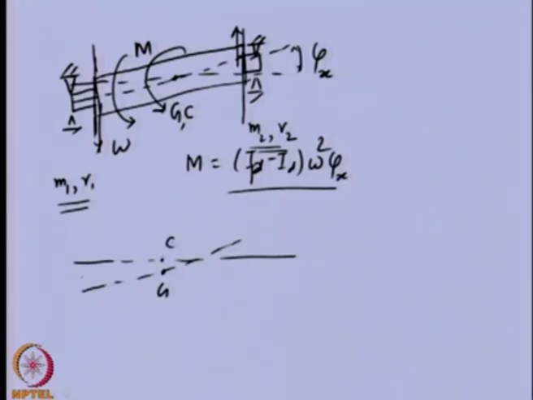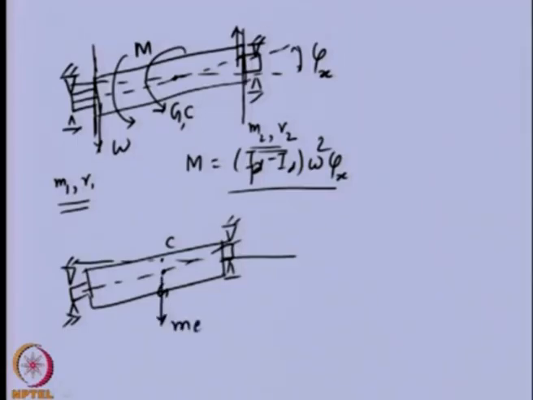In this case, you can see that the rotor will have a force which will be m e omega square, and there will be a moment which will be the same as the previous one because of this tilt of the rotor.